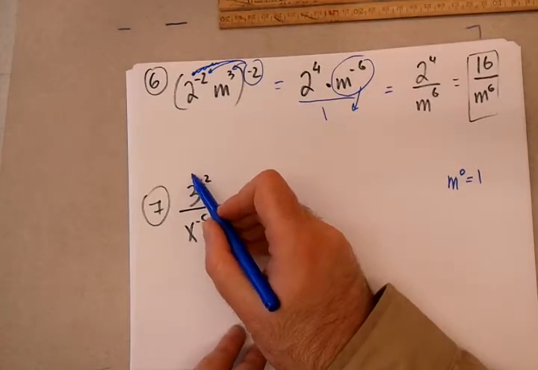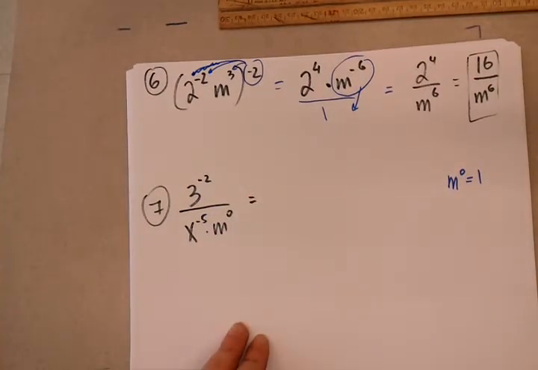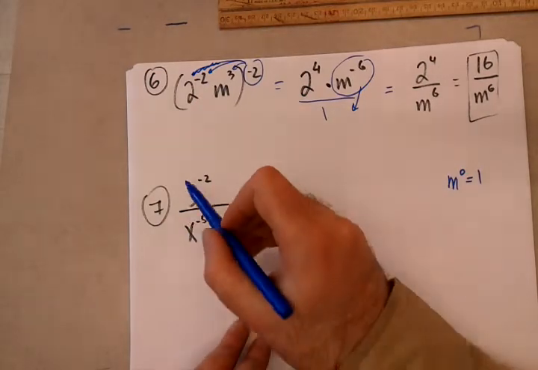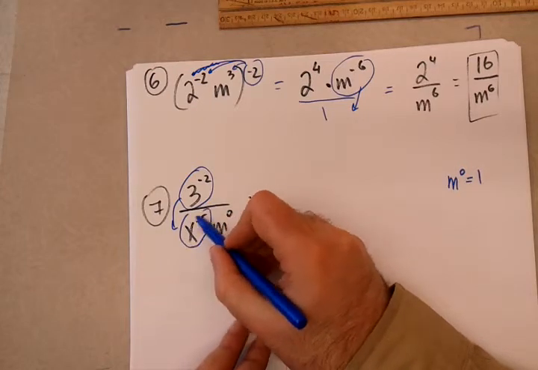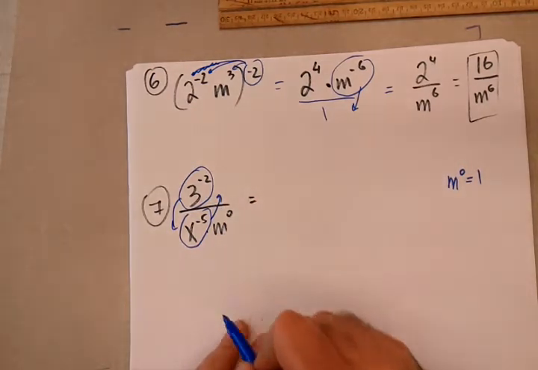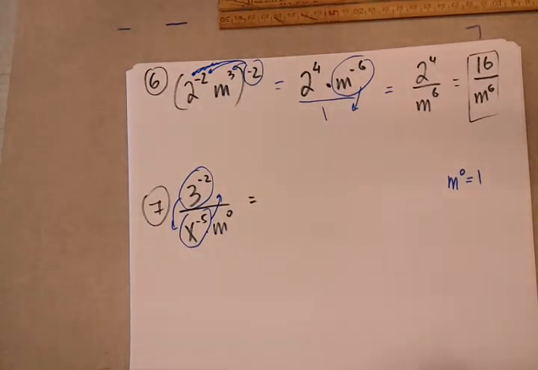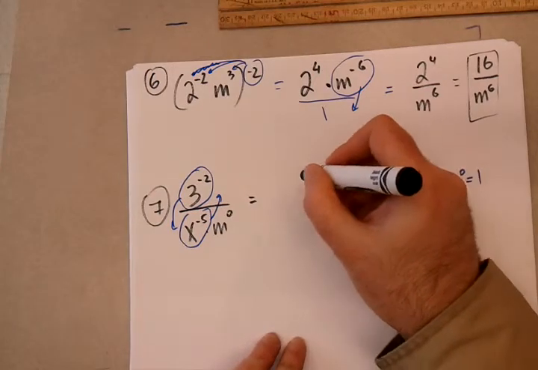But let's do the negatives first. So anything to the negative exponent, you have to turn positive by taking its reciprocal or simply flipping. So this in the numerator is going to go to the denominator. This is in the denominator, it's going to go to the numerator. And m to the 0, it's going to turn into a 1. And anything times a 1 is itself.